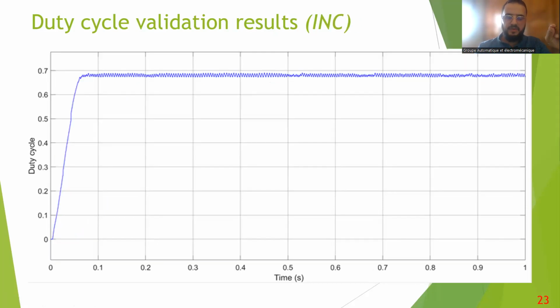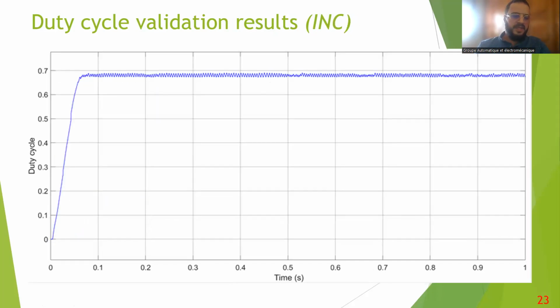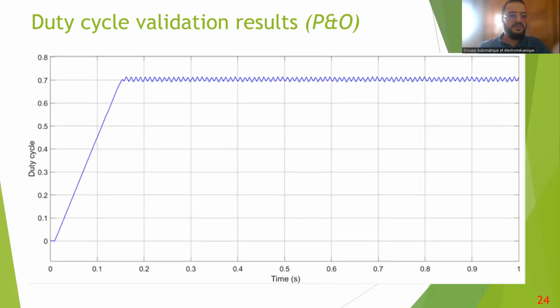But it fluctuates more in the perturb and observe method. It fluctuates around 0.68 for the incremental method, and around 0.7 for the perturb and observe method. So we will not have the maximum voltage to get the maximum power.